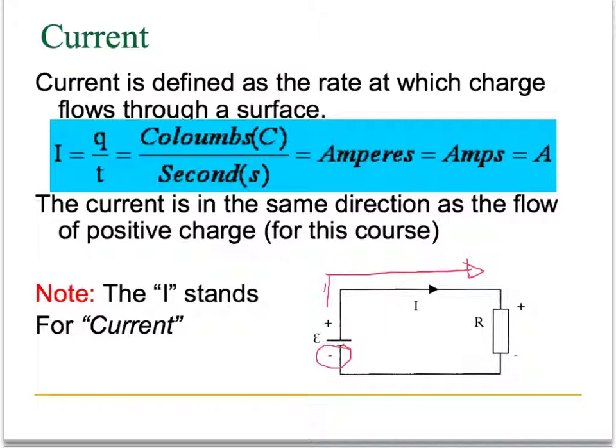The flow of the electrons is actually in that direction. So even though we say that electricity is the result of the flowing of the electrons, the direction by which the current is flowing is not the same direction taken by the flowing electrons.